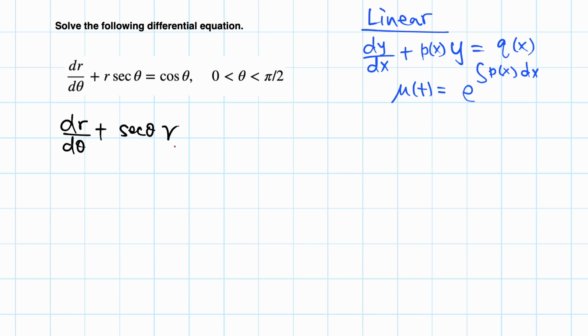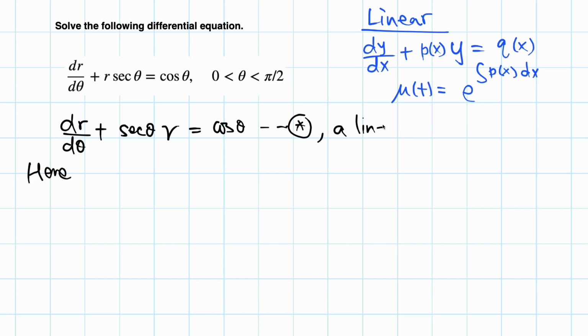This one is like y, and this one is like dy over dx, and this is like p of x. So this matches, this one is linear. Equals cosine theta. Theta is the independent variable, so this is a function of the independent variable. So here, this is linear.